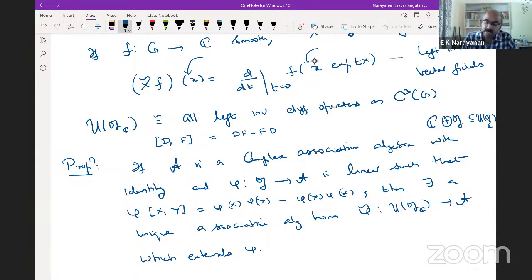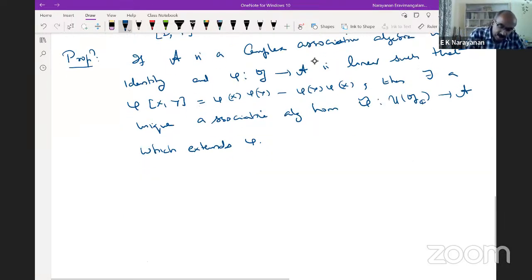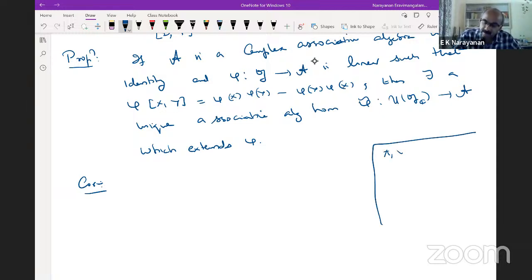So in other words, any Lie algebra representation extends to an appropriate space, right? So script A is a complex associative algebra with identity, blah, blah, blah. You can forget all that. Think about linear maps on a vector space, okay? So if I have a Lie algebra representation, then it extends to a representation of the universal enveloping algebra, okay? So this is all I'm saying there, but this is the exact statement. So as a corollary, recall that if I have a representation pi of G on V, then I have a representation pi dot on V infinity of the Lie algebra, right?